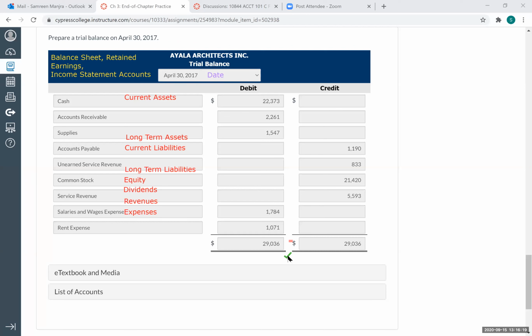And this is something that you want to check for. And this basically tells you that your accounting equation is in balance, but there are some limitations.